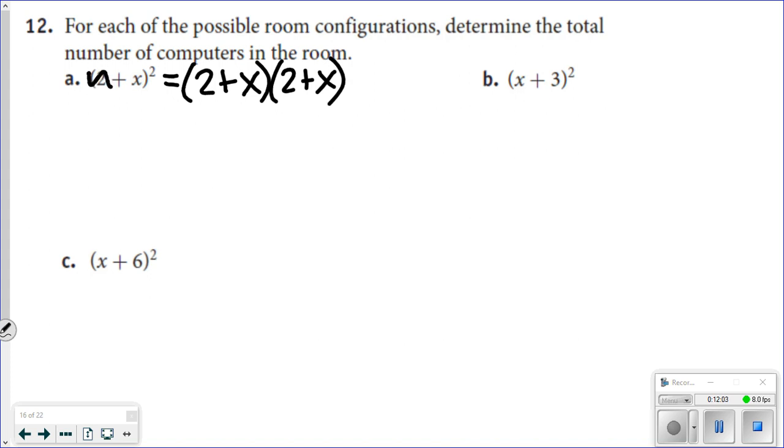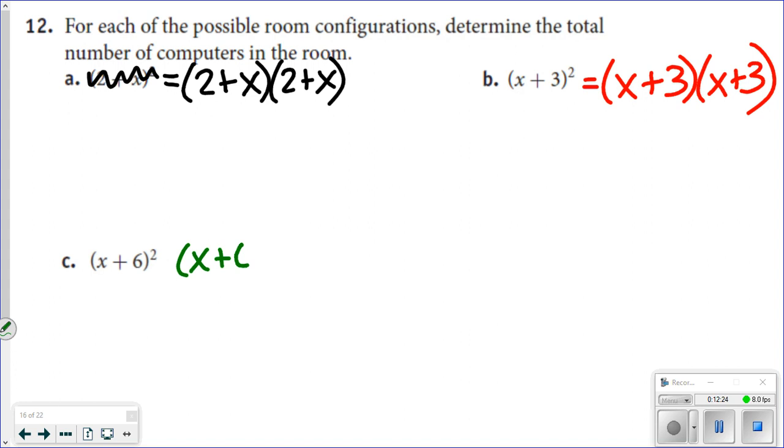So ignore this, and now you can use these two binomials and distribute, FOIL method, or draw a box and get your answer. Use your notes, pause the video, and I want you to take the time to work out these questions.